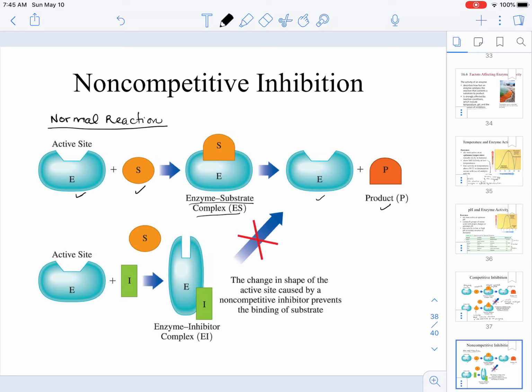Now, in the case of a non-competitive inhibitor, notice that the inhibitor does not have the same, and I'm going to put in quotation, shape, but in other words, molecular structure when compared to the substrate for the enzyme.